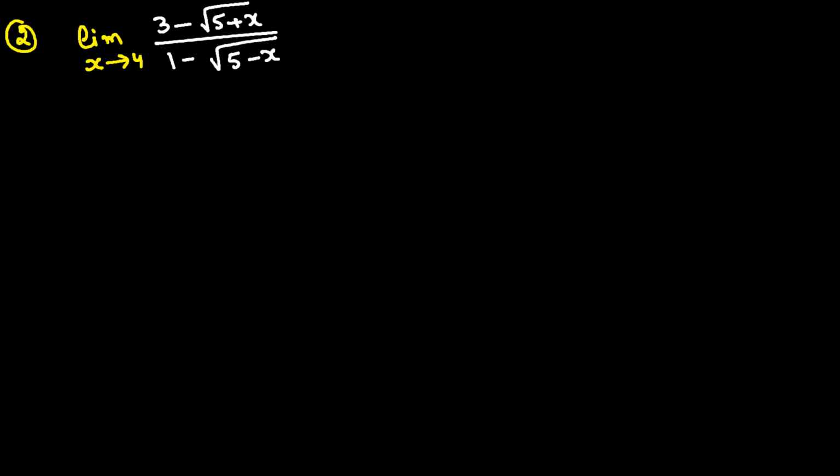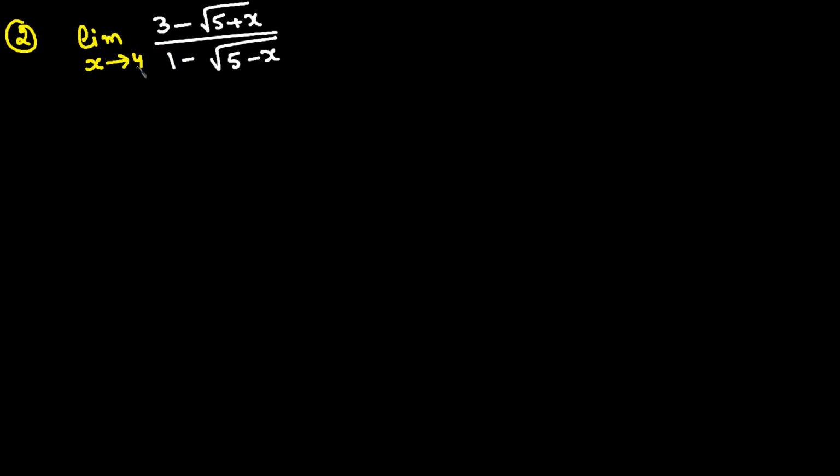So in the next example we have 3 minus square root of 5 plus x, divided by 1 minus square root of 5 minus x. You see in this example we have square roots in the numerator as well as in the denominator, so we need to rationalize both. But before that, let's find out if we get 0 over 0 form, the indeterminate form.